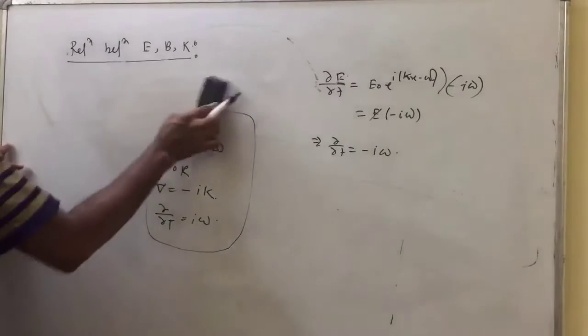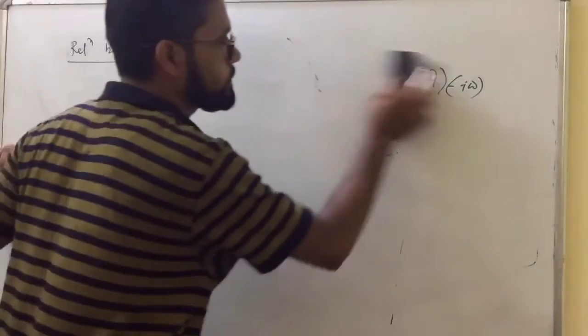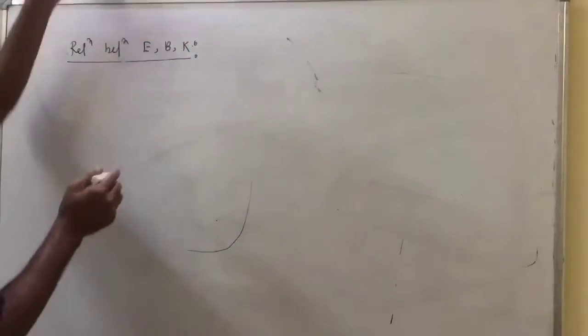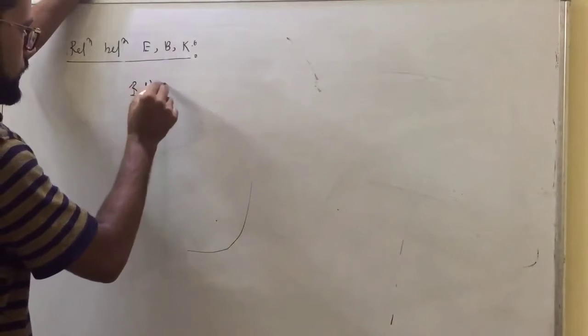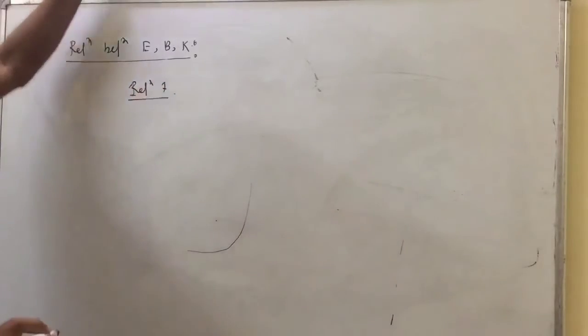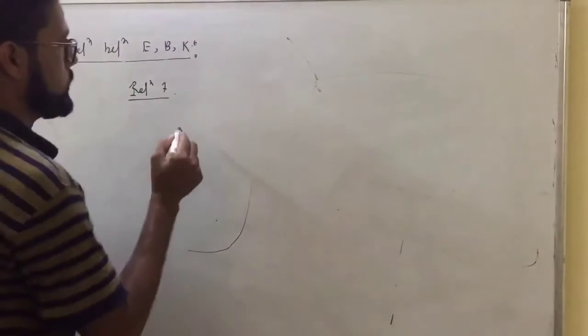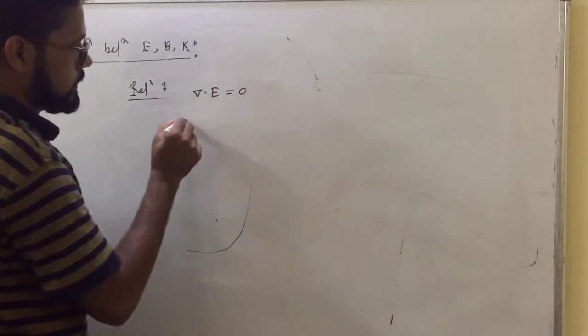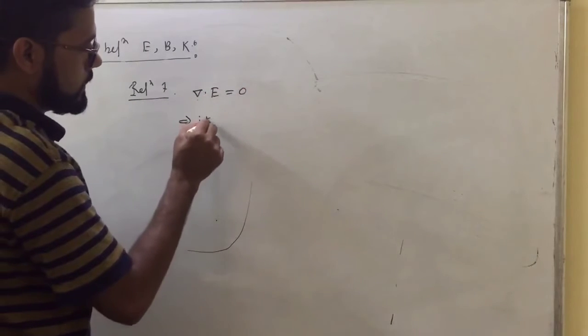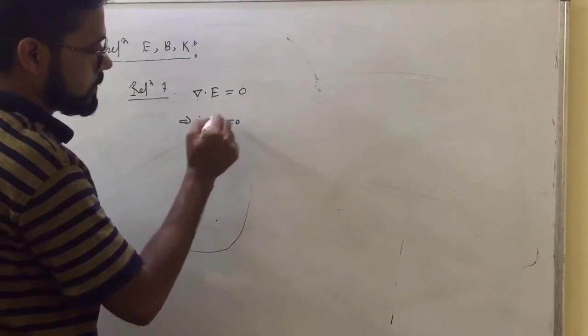Now second, I am going to find the first relation. From the Maxwell equation, divergence of E equals 0. See, del equals i k, so i k dot E equals 0.